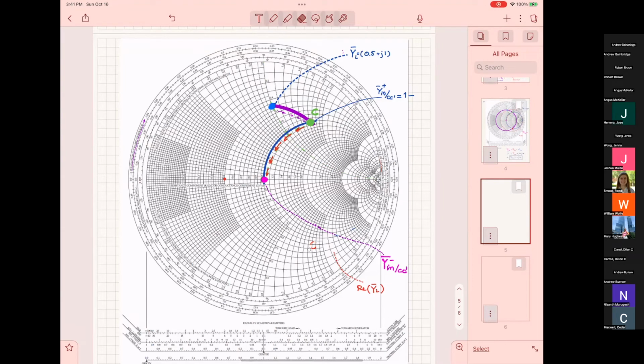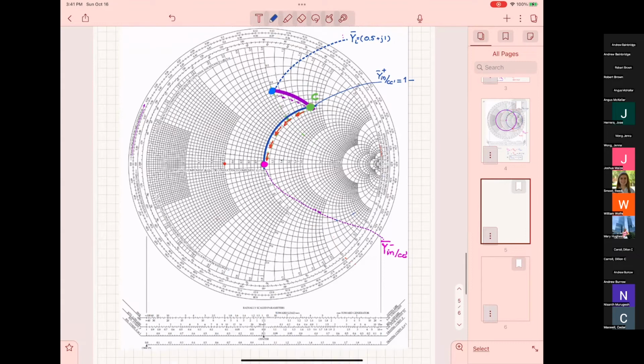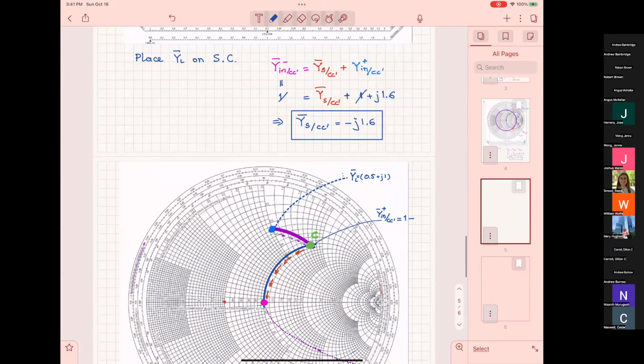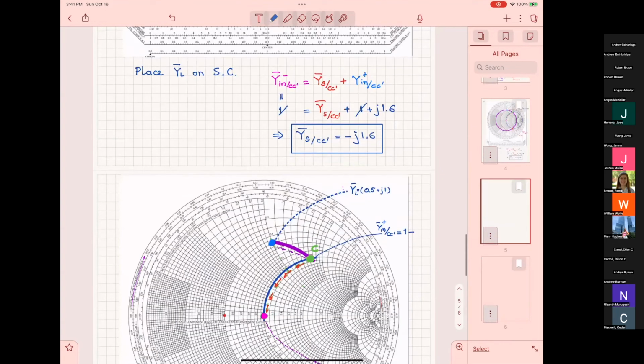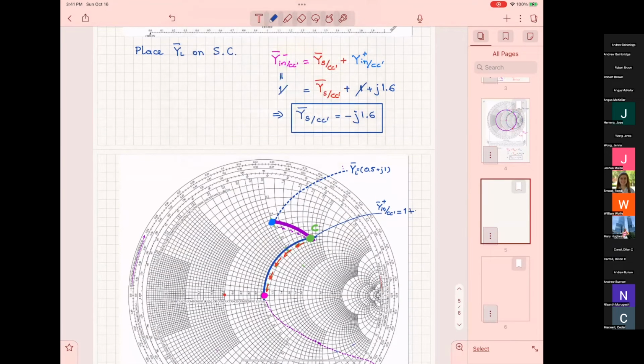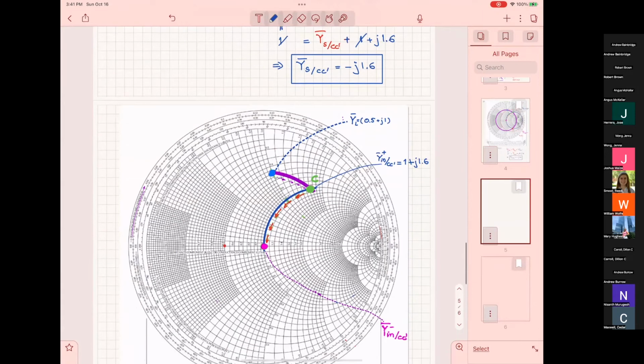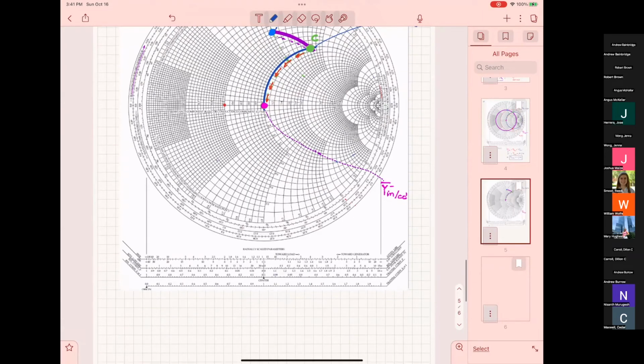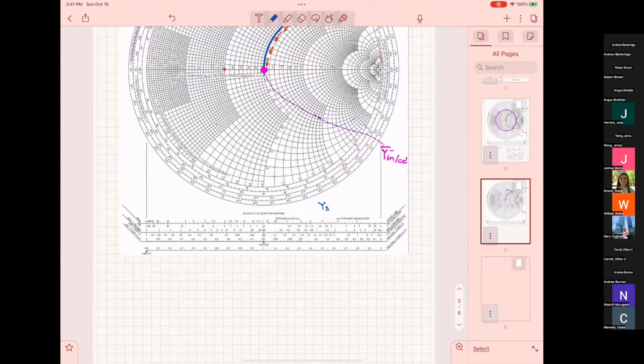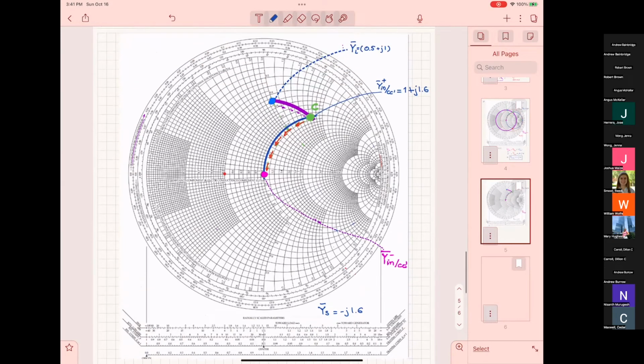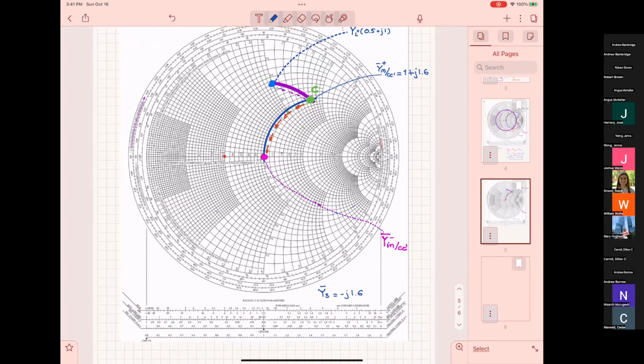Okay, now I can use the Smith chart. I can remove this, that was 1 minus, what did I do? I think it was plus, yeah, plus j 1.6. Okay. Now I know that my Y sub S normalized is minus j 1.6, which means on this Smith chart, I will find it down at the lower end.